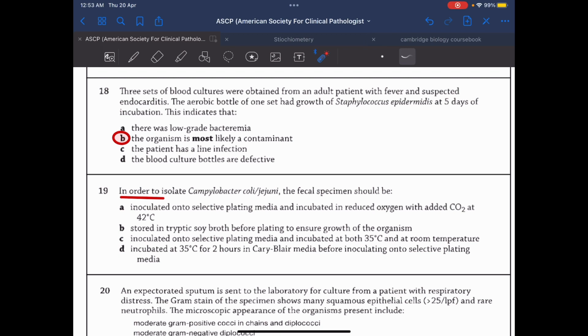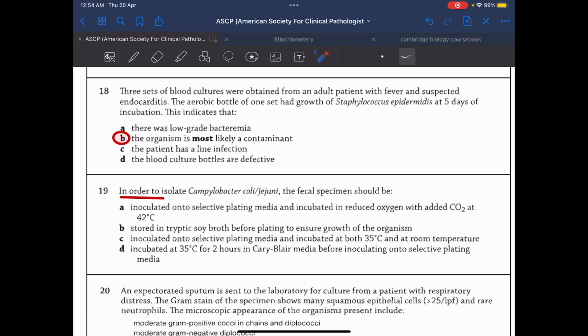Campylobacter coli and jejuni require a microaerophilic atmosphere for optimal recovery. The use of selective media is recommended for recovery from fecal specimens. Selective media for Campylobacter contains antibiotics to inhibit the growth of enteric gram-negative flora.